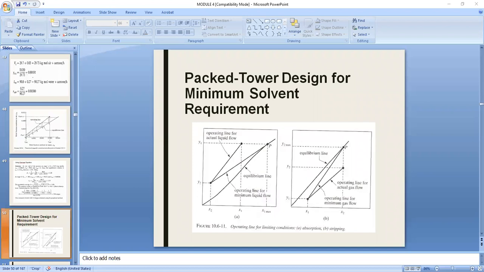We do the same when we are talking about stripping here. Your original operating line has this orientation.